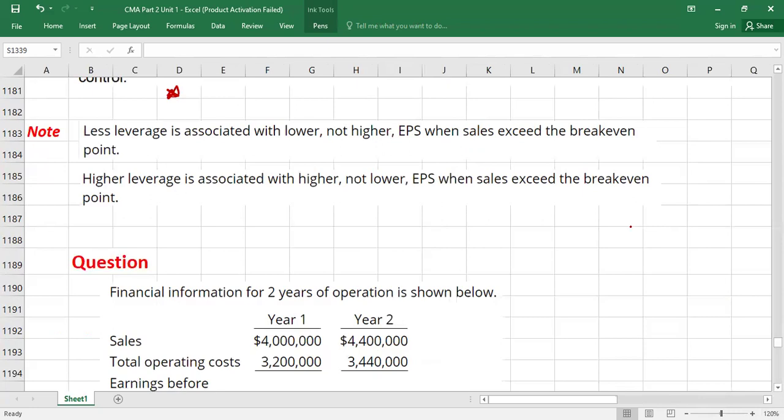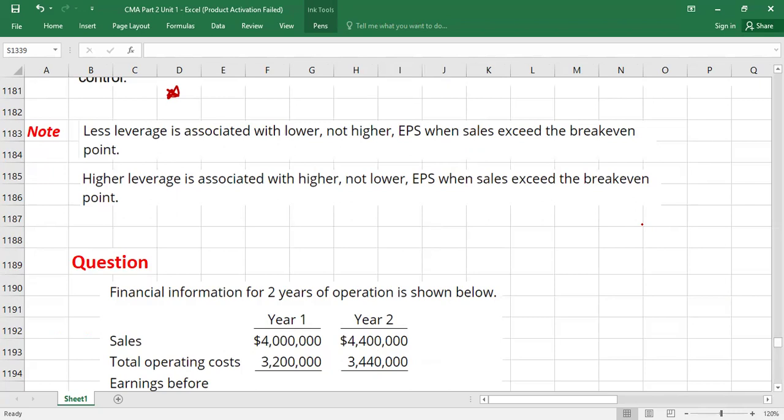Leverage may have a positive effect on your earnings. For example, let's assume you are using debt in your capital structure and you are using that debt in a more productive way in terms of investment. Obviously that can create value for you also, right or wrong?